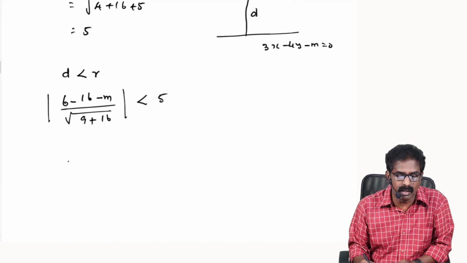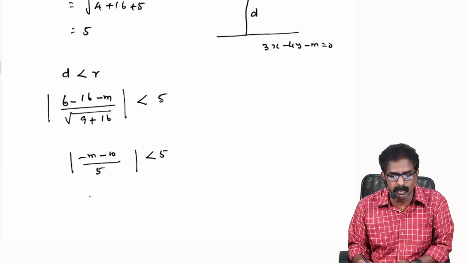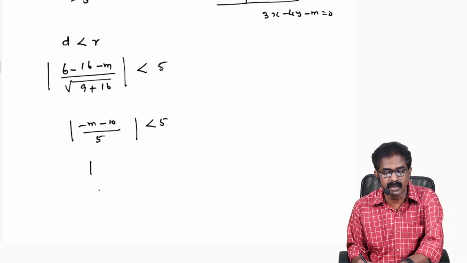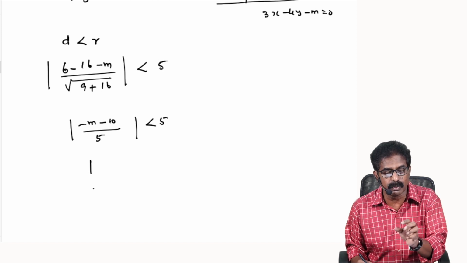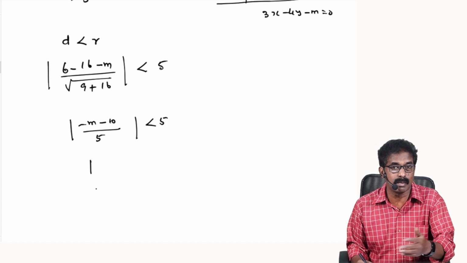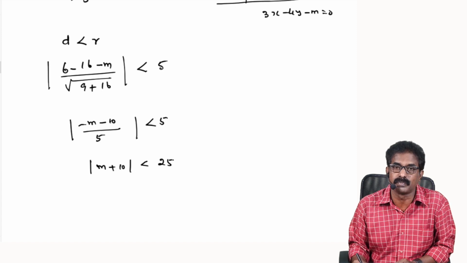So modulus of minus m minus 10 by root of 25, it is 5, less than 5. You cross multiply: modulus of minus m minus 10. Take minus outside. So minus of it becomes m plus 10. When you take modulus, the minus becomes plus, right? So modulus of m plus 10 less than 5 5s are 25.